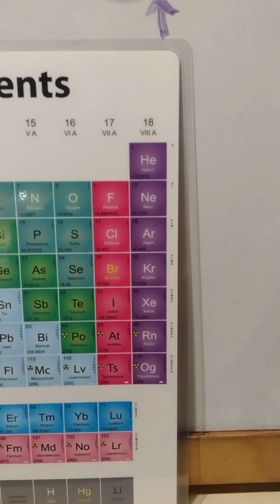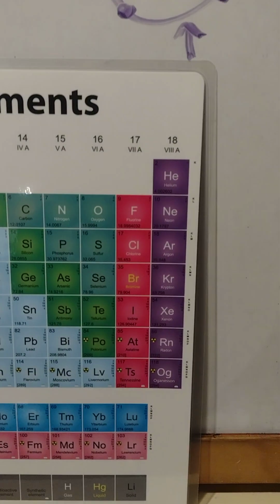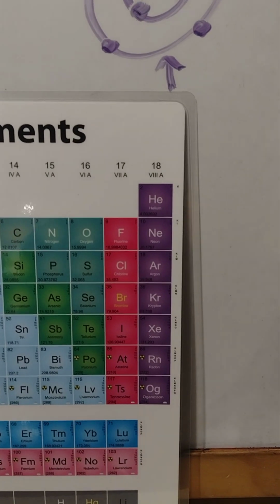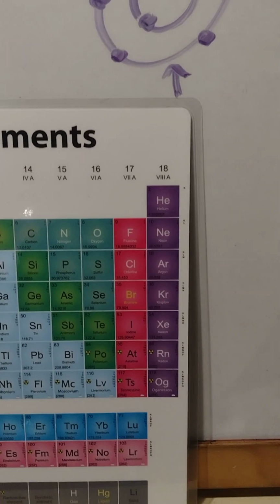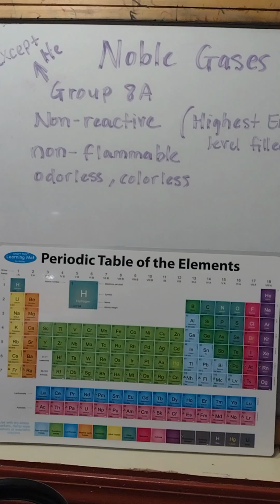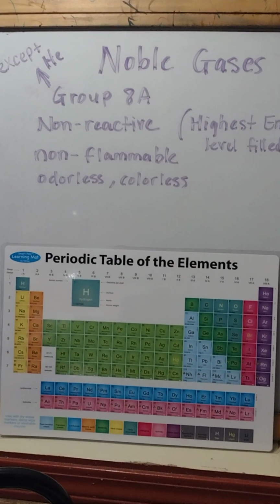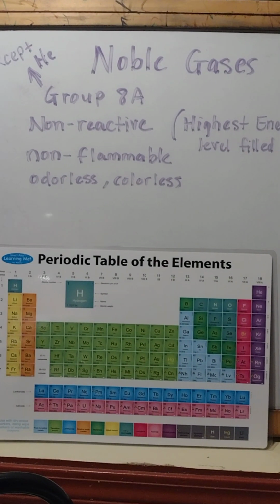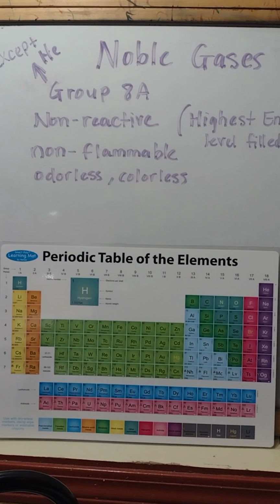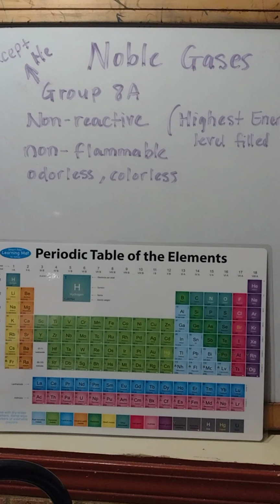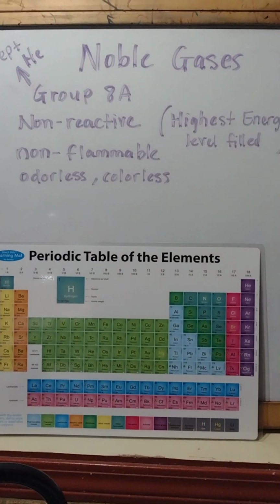It's also right up against this next group here, the noble gases, and you'll find out why those are special in just a moment. Okay, so the noble gases are on the far right of the periodic table, that dark purple group there, and they are non-reactive. Why are they non-reactive?